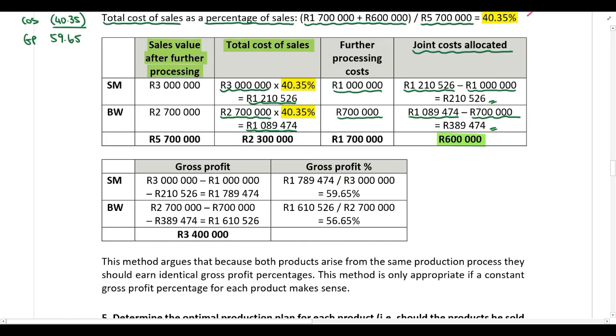And by allocating the joint costs in that way, you'll see when we perform the gross profit and gross profit percentage calculation below, both products now have a constant gross profit percentage, or an identical gross profit percentage.